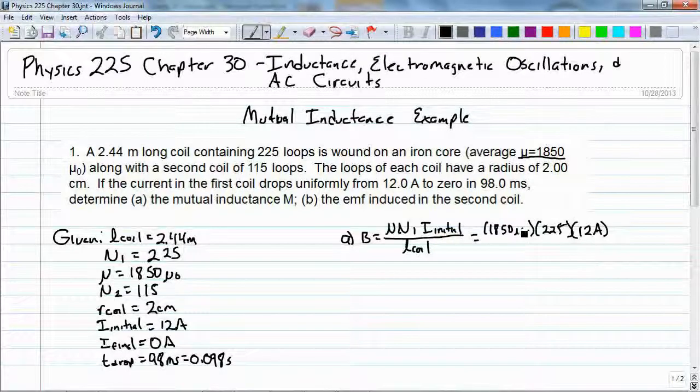Initial current is 12 amps, divided by 2.44 meters, and we calculate that to be 2.573 teslas.